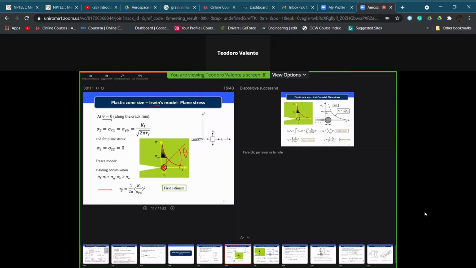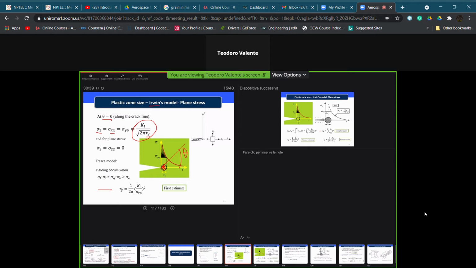And by the general expression, we can write that sigma 1, the principal direction, which is equal, if we use the xy coordinate system, to sigma x or sigma xx, and sigma y or sigma xy, is equal to this general expression. This is the distance from the crack tip, which is equal to Ry or Rx. You can call it as you want.